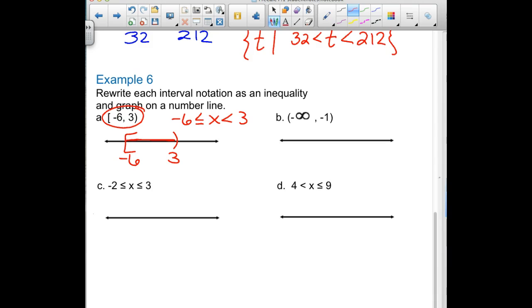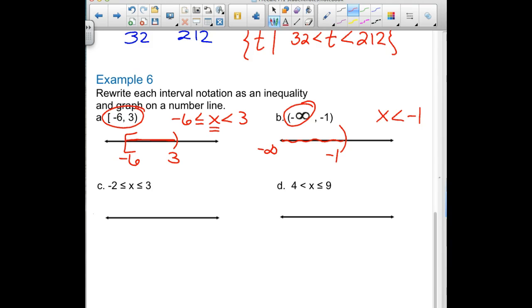So again, reading from x, x is greater than or equal to -6, but less than 3. Okay, question B. It is unbounded. We're going all the way to -infinity over here. All right, we have a cutoff at -1. Okay, so in an inequality statement, we want all the values for x that are less than -1.